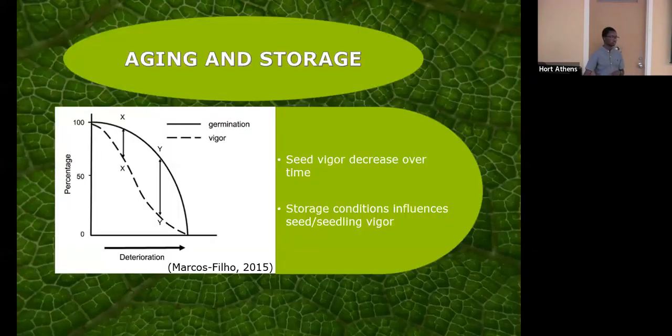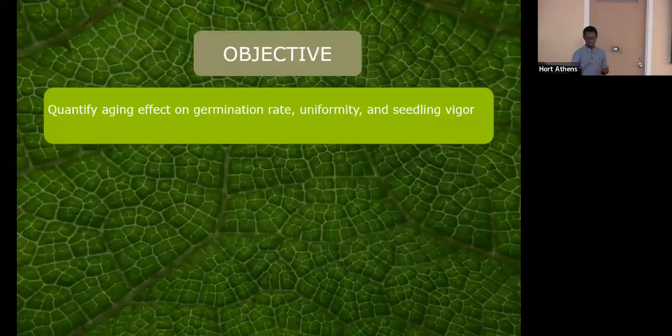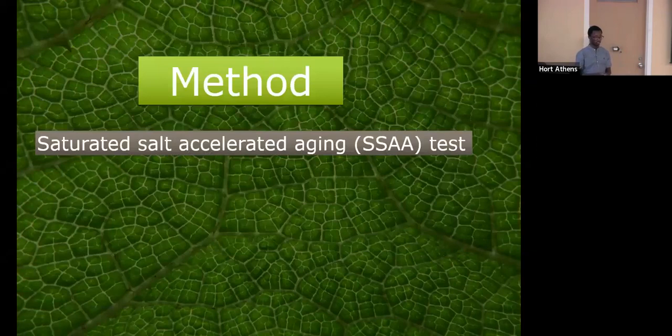No. What we're doing is accelerated aging. Accelerated aging is to age seeds quicker, not waiting for 3 years, but in a few days. The reason we chose the salt treatment is because in traditional accelerated aging, we use high temperature and high relative humidity, but the problem with lettuce is that because they're small seeds, they will absorb too much water, and if you have various sizes, you are not looking at just the age, also the seed size.